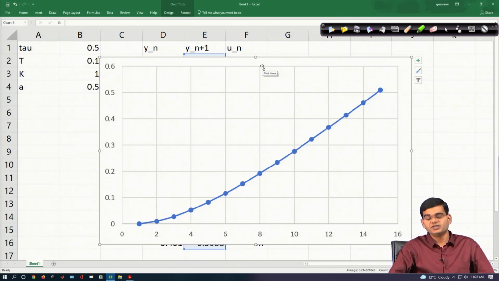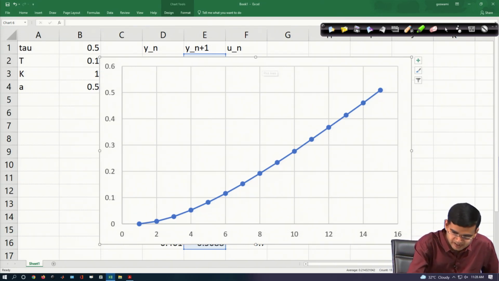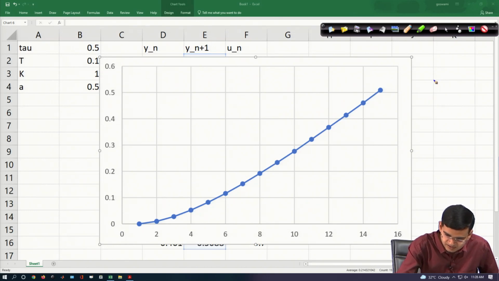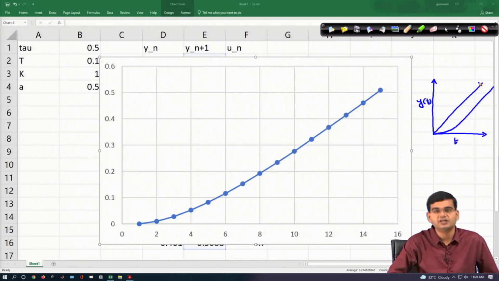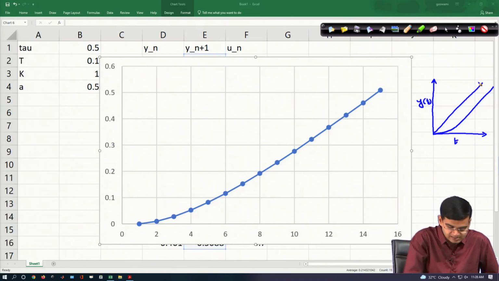What was our continuous time domain response? We drew the continuous time domain response as this, that y of t versus t, there would be an initial curve and then there would be a straight line which would be parallel to your ramp input. You get the same analysis here.